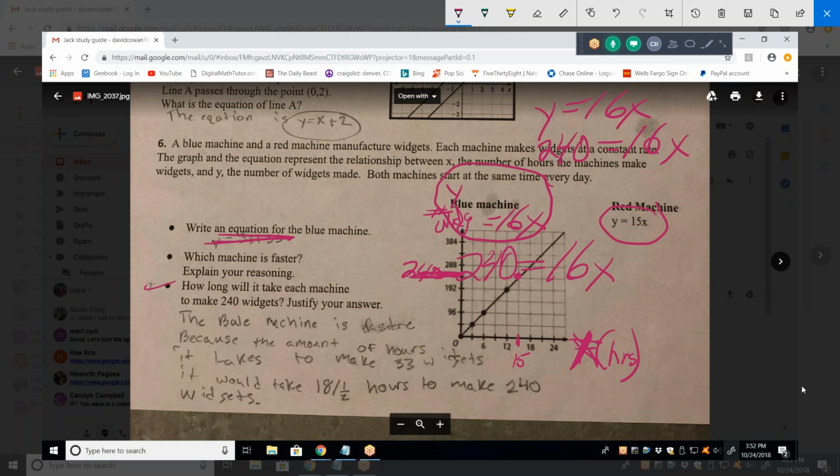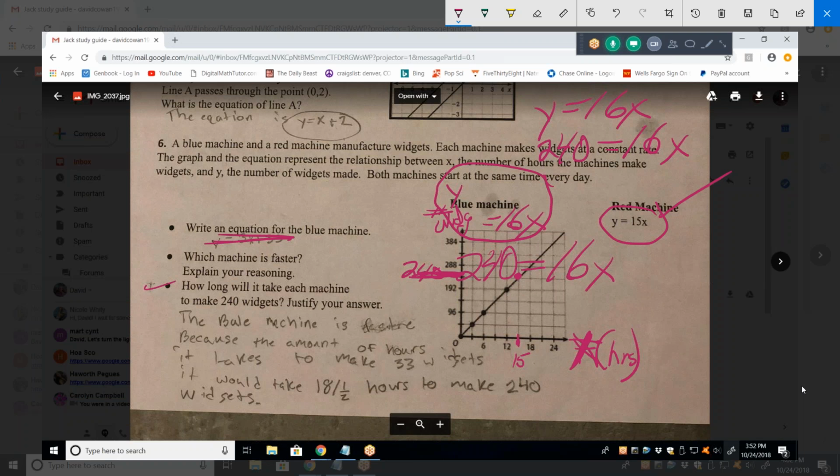Now, how do I get how long it would take the red machine to do it? Here's the equation of the red machine. It'll take him 15. Give me the equation. Solve it as a math problem, not as a verbal problem. y equals. No, it's not y. What are you going to plug in for y? 240.